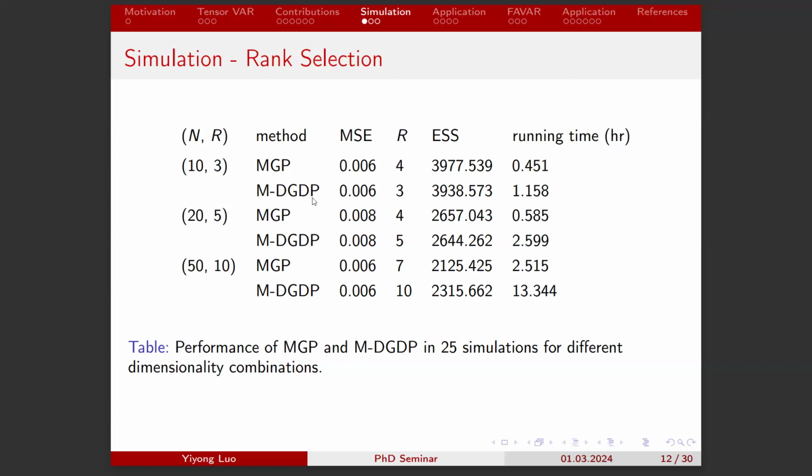We can see that MDGDP will give us the true rank, but MGP actually gives us a rank with a lower value compared to the true value, but not sacrificing any accuracy. And since we are using an adaptive shrinkage algorithm in our MGP, the running time will be much lower compared to the one using MDGDP.